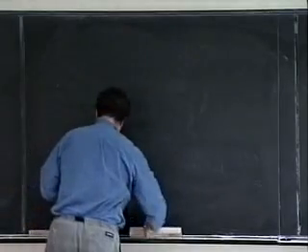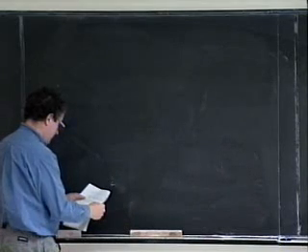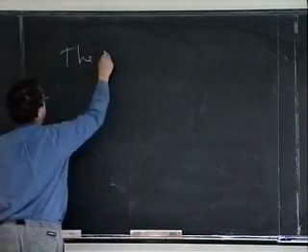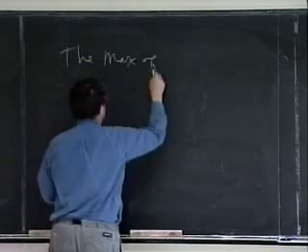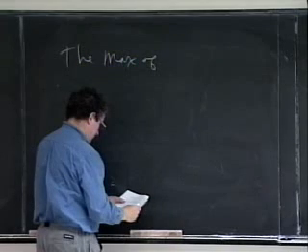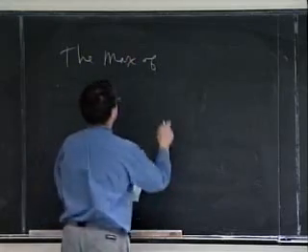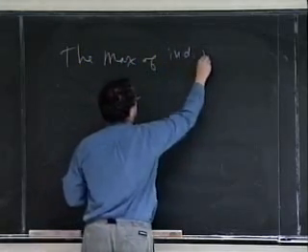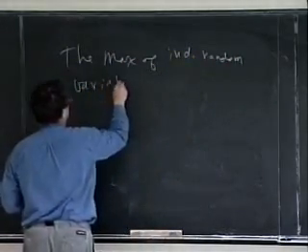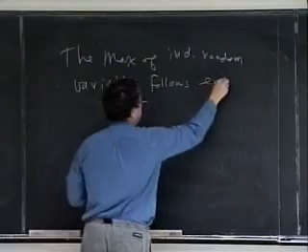I want to just put up, so you see this once in your life, the max of many independent random variables follows what's called an extreme value distribution.